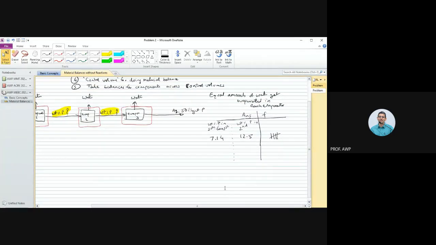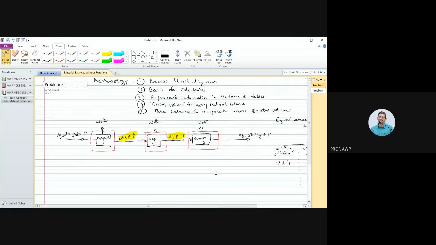There's just one small point I would like to convey, and that's why we are going to see the solution. Again, the methodology is the same. Process block diagram. We are going to take a basis. What basis would we want to take here?